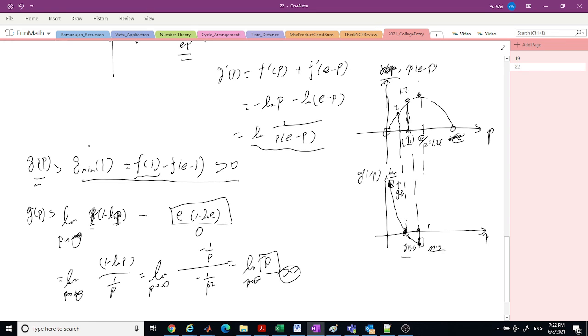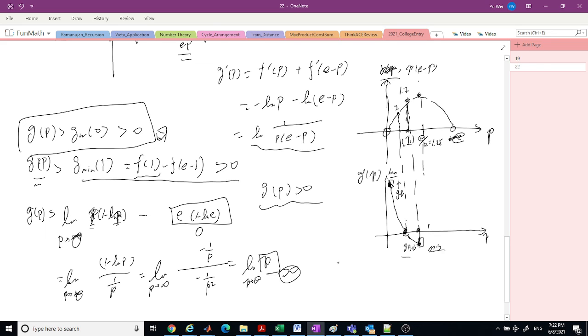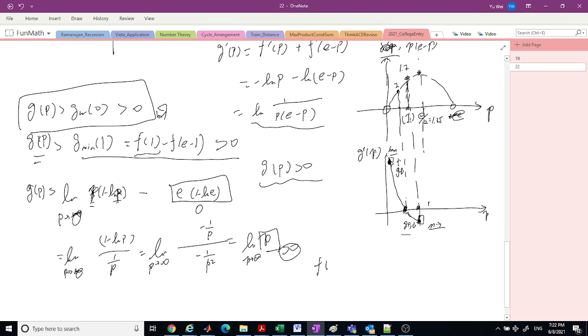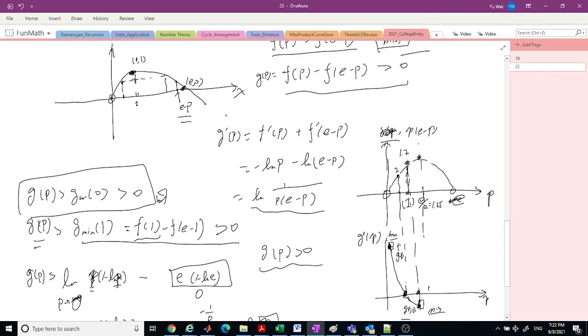So that's why g(p) is also greater than its limit at 0, and it's also greater than 0, right? So in this case, we prove that g(p) is always greater than 0. That means f(p) minus f(e minus p) is always greater than 0. So this is exactly what we explained here, right?